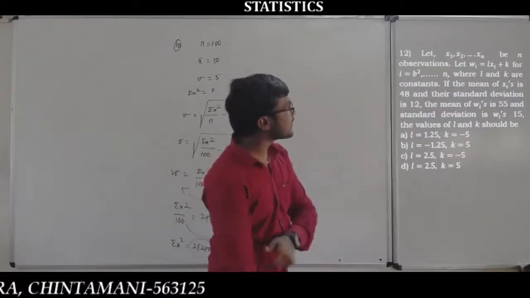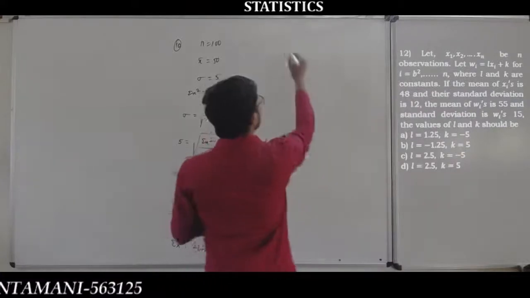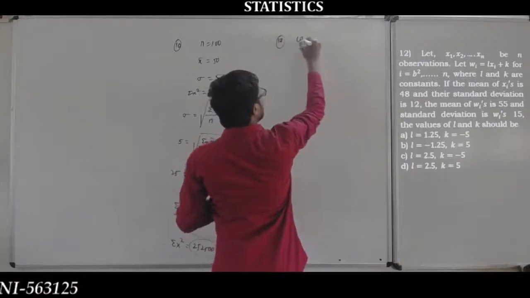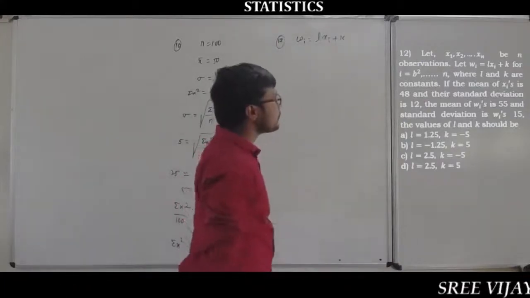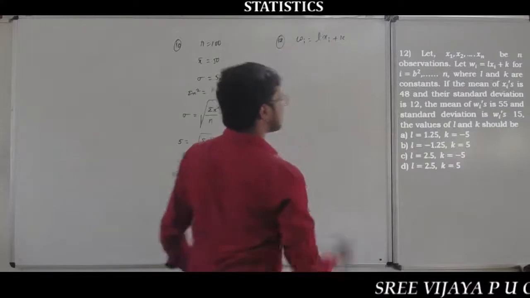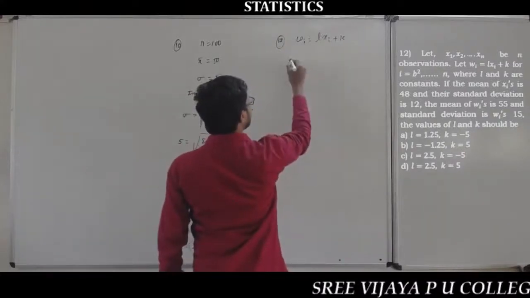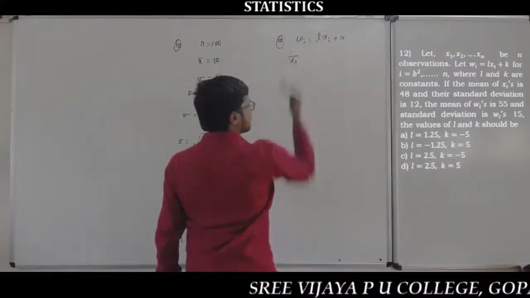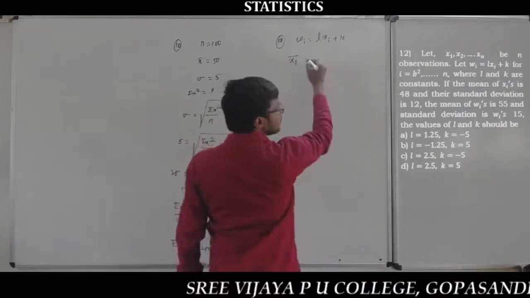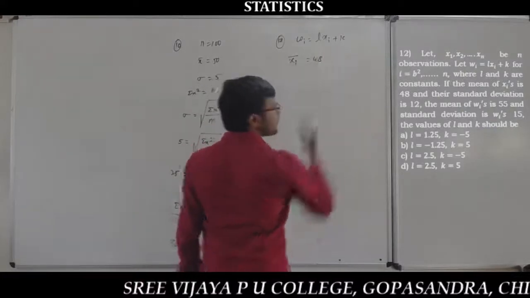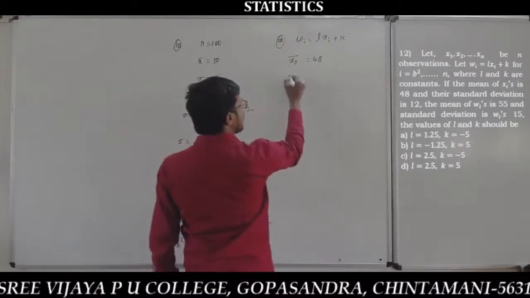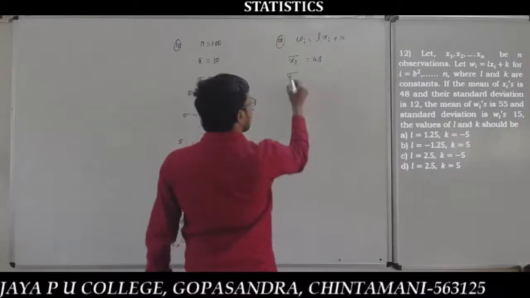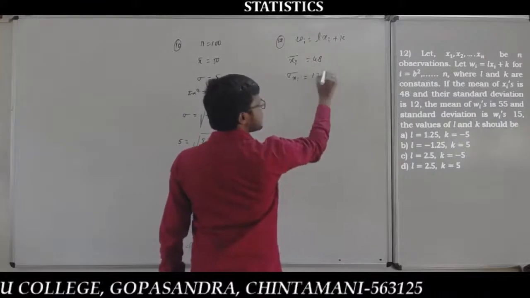If the mean of xi, that is xi bar, is 48, and the standard deviation of xi is 12, sigma of xi is 12.